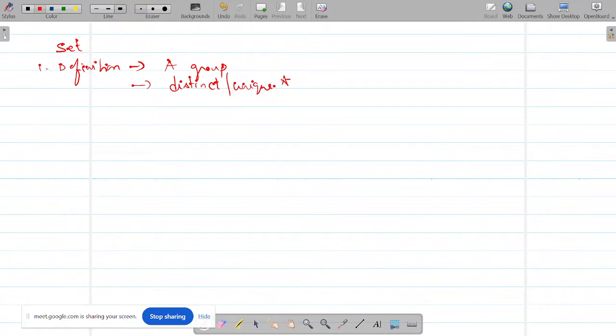What do you mean by this point? Probably you can understand that when you say it's a group, it's bringing together or clubbing together of elements. What do you mean by distinct or unique? Let me go for this example. Let A be the set of students in my class. Please listen carefully.